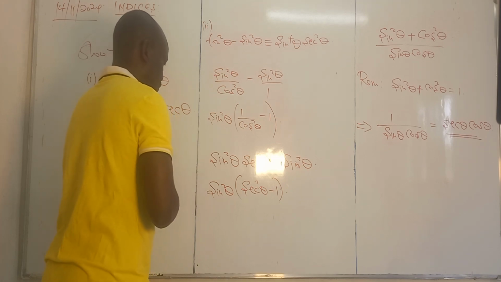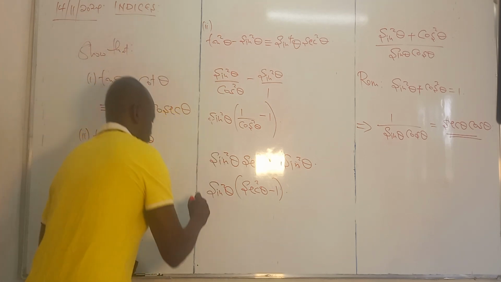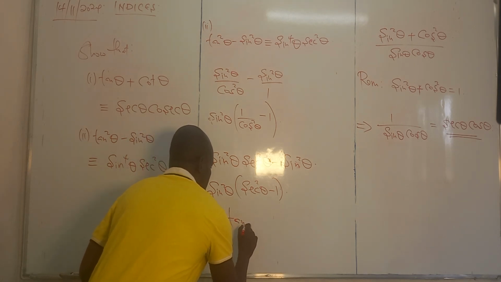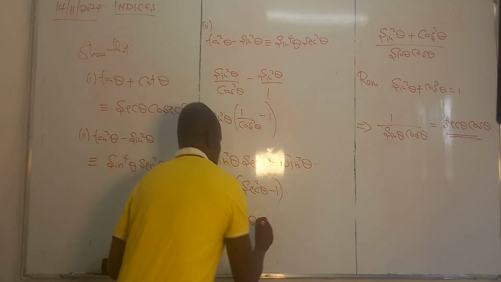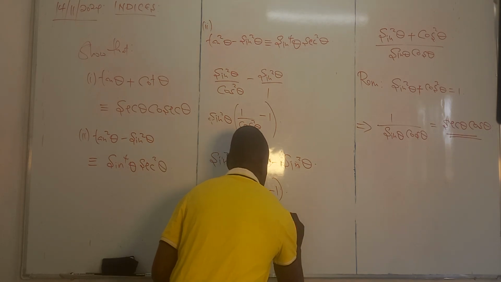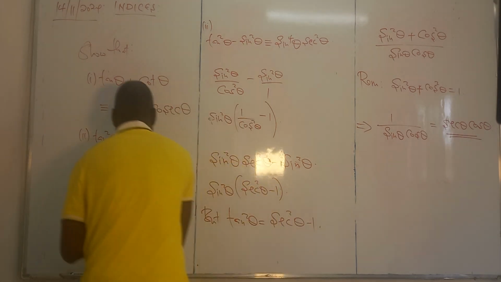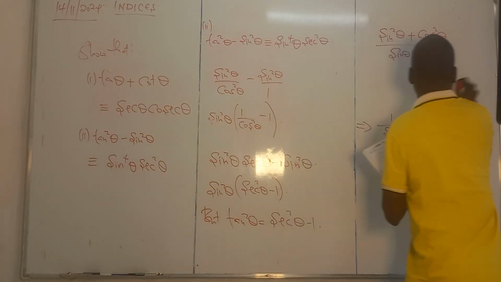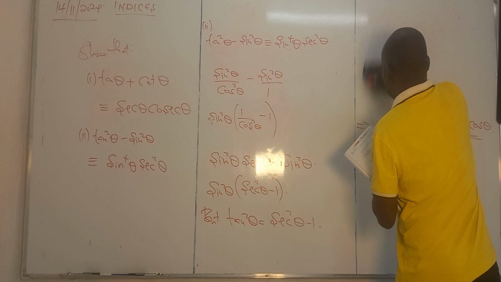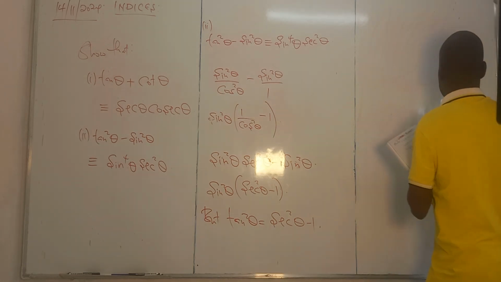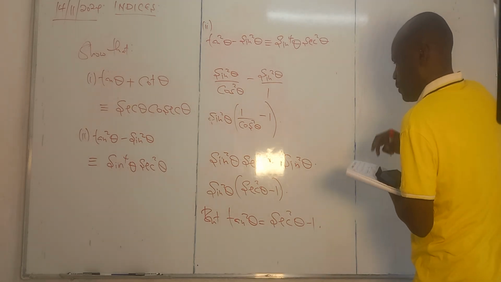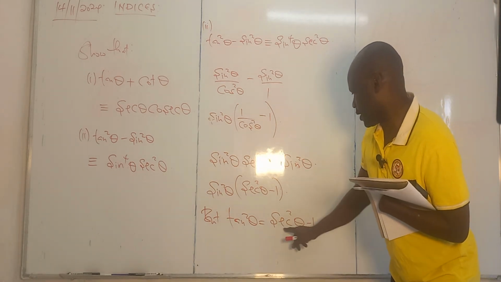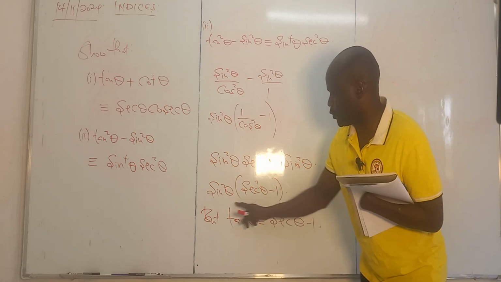So basically tan squared theta should be sec squared theta minus 1. Therefore, where there is sec squared theta minus 1, we can substitute this.